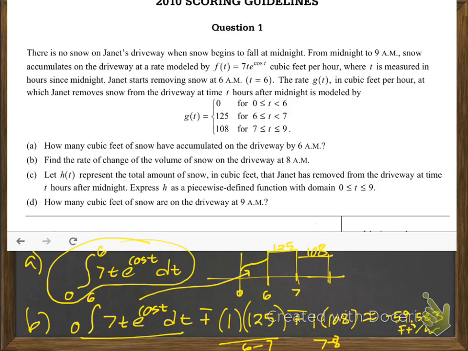So altogether, you accumulate, take away that 1 hour of 125 cubic feet per hour, and then take away an hour of 108 cubic feet per hour to get a total of negative 59.583, or however you want to round that. It could be up or down. That's a calculator issue. So assuming you got that okay, then going on to the next piece. Fix those minuses.